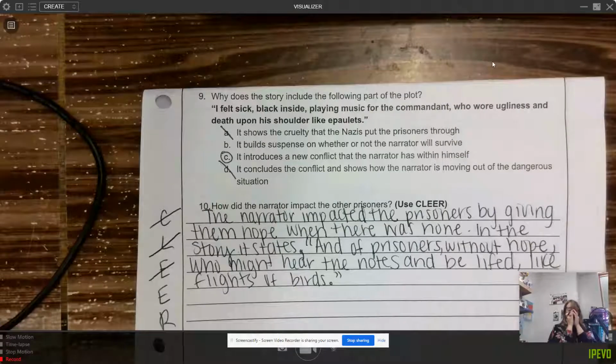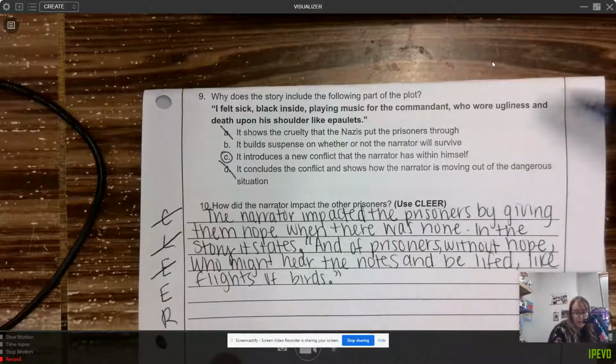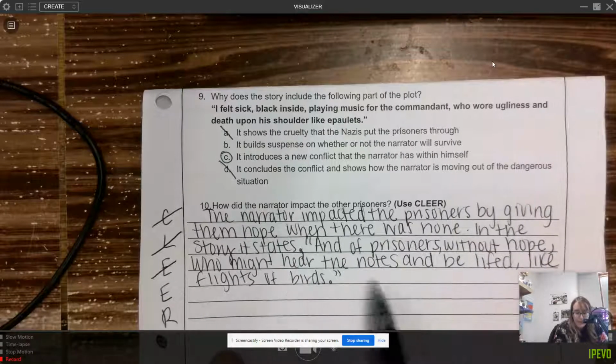This is the part that you guys are really struggling with. Why did I choose this quote to prove that it's giving them hope, right? Right here it says, who might hear the notes and be lifted like flights of birds.